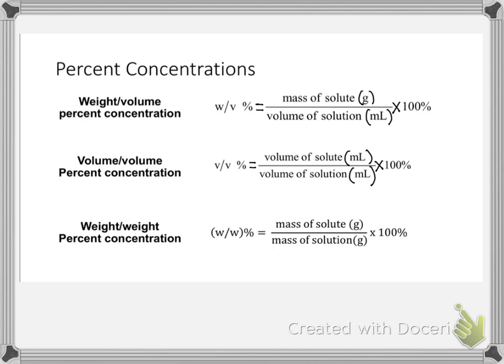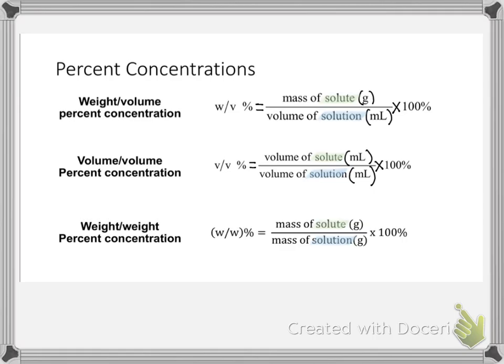Okay, so hopefully what you discovered as the same is that on the top is always the solute. So in percent concentration, we're comparing the amount of solute to the amount of solution on each one of these. That doesn't change.